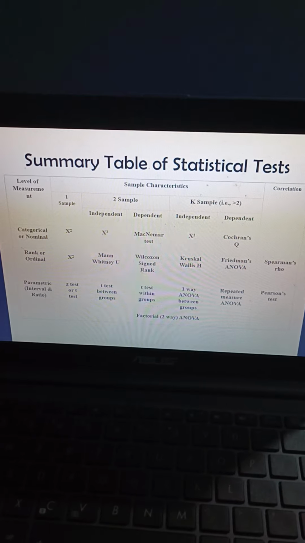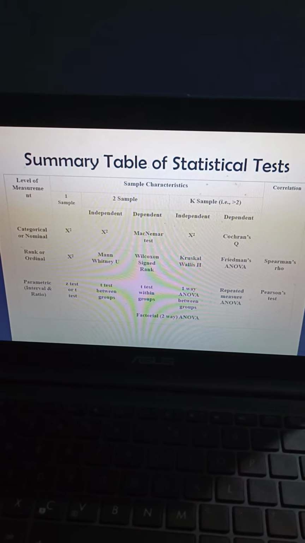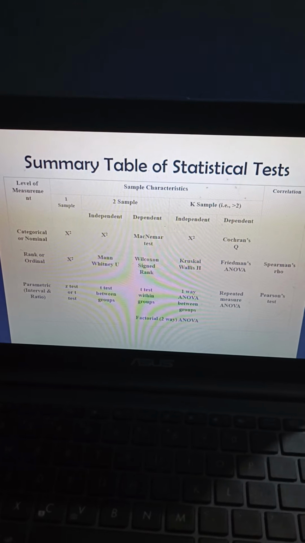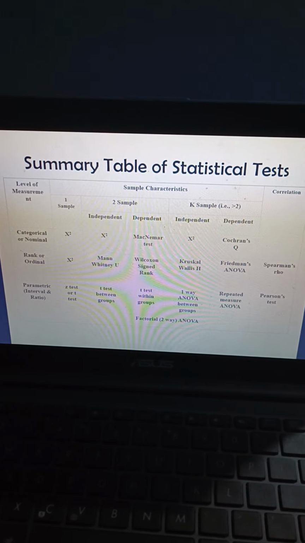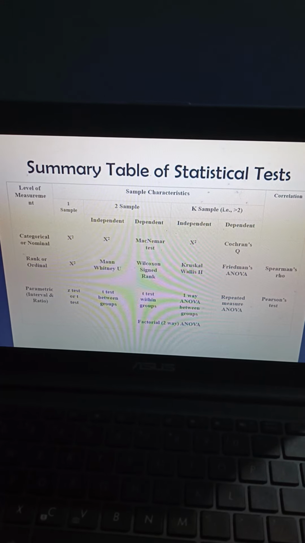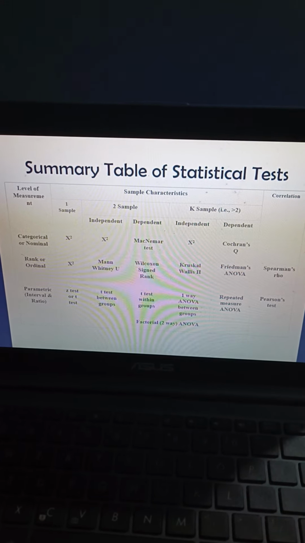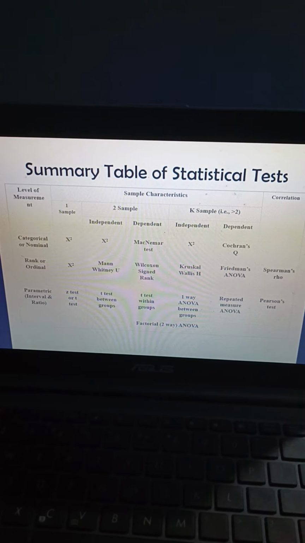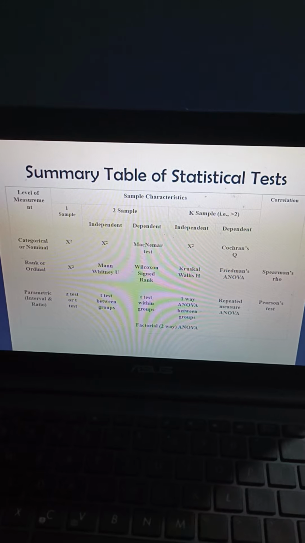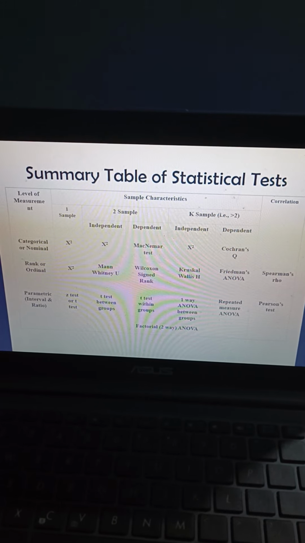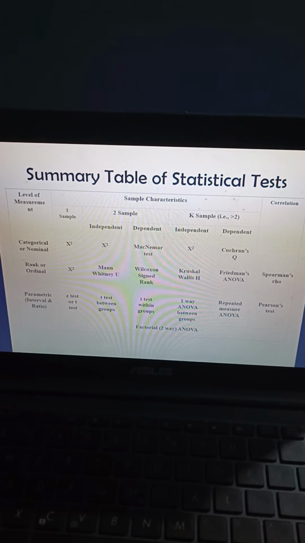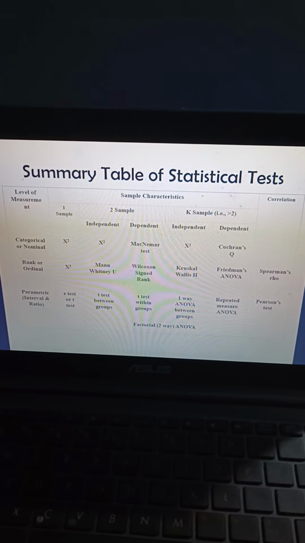And if there are more than 2 samples, if independent, then categorical nominal chi-square, rank or ordinal Kruskal-Wallis H, parametric is one-way ANOVA between groups. If it is K samples and dependent, then categorical nominal Cochran's Q, rank or ordinal Friedman's ANOVA, parametric test repeated measures ANOVA.